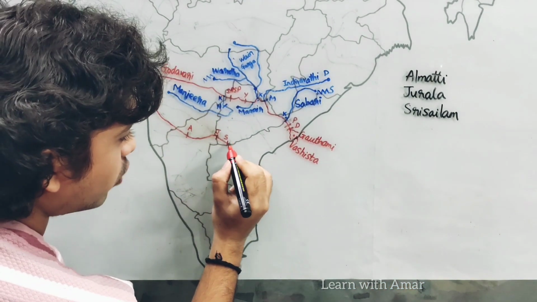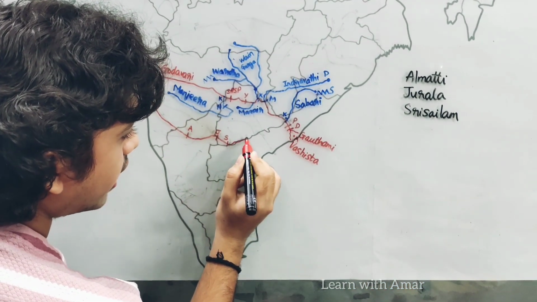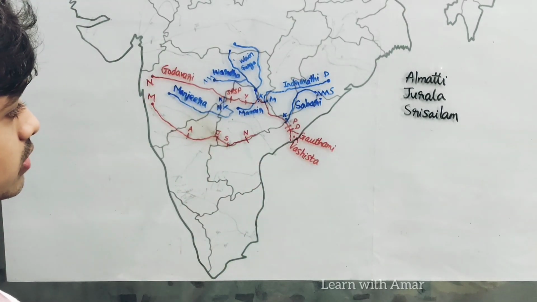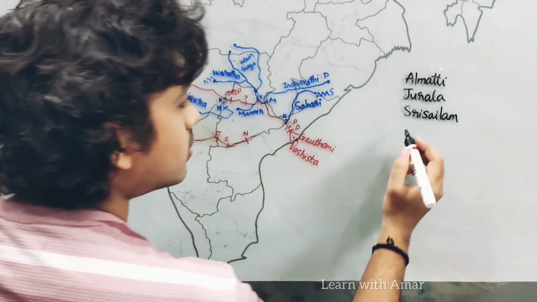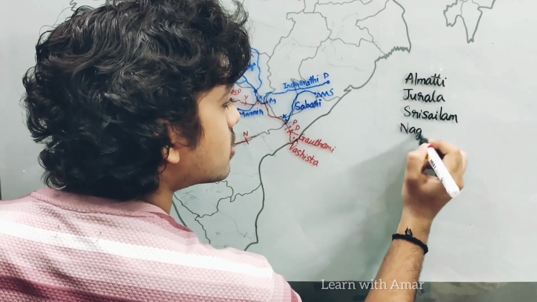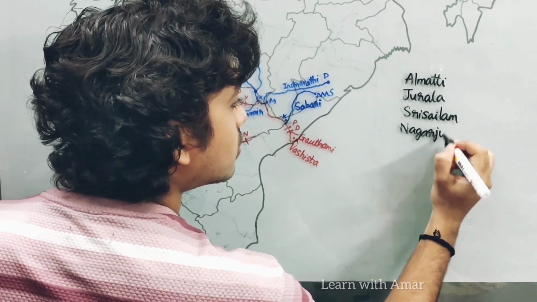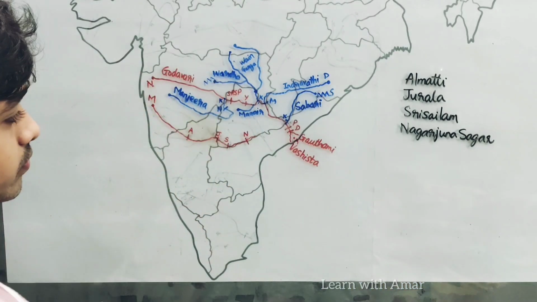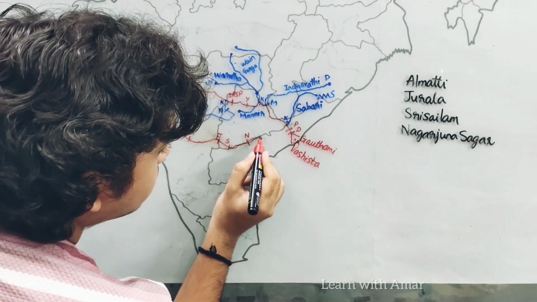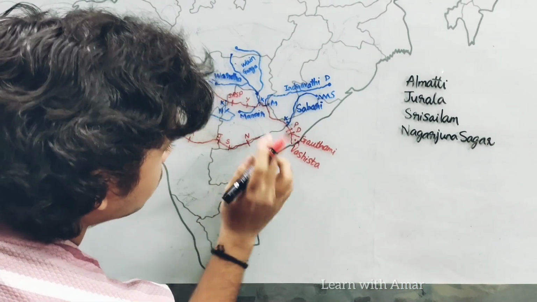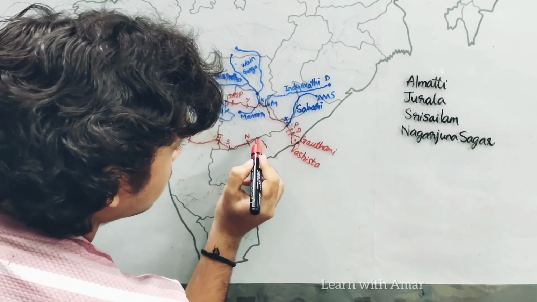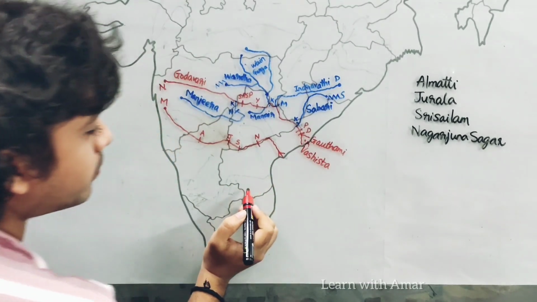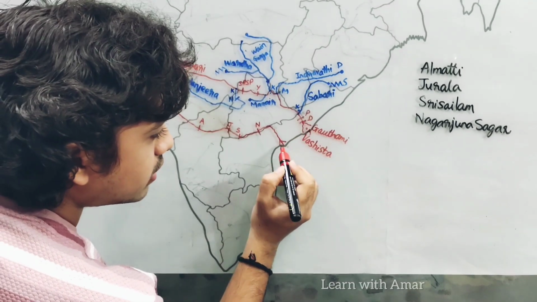As we move on, it flows as the boundary between Telangana and Andhra Pradesh, and we find another dam, Nagarjuna Sagar. So this is Nagarjuna Sagar Dam, and it enters into Andhra Pradesh, flows and joins the Bay of Bengal, just like Godavari.